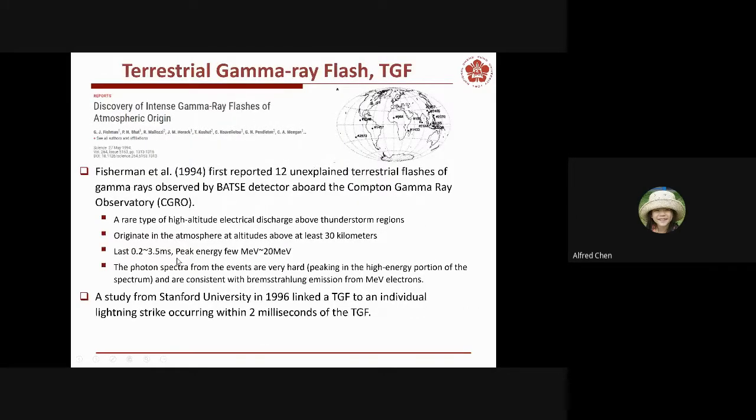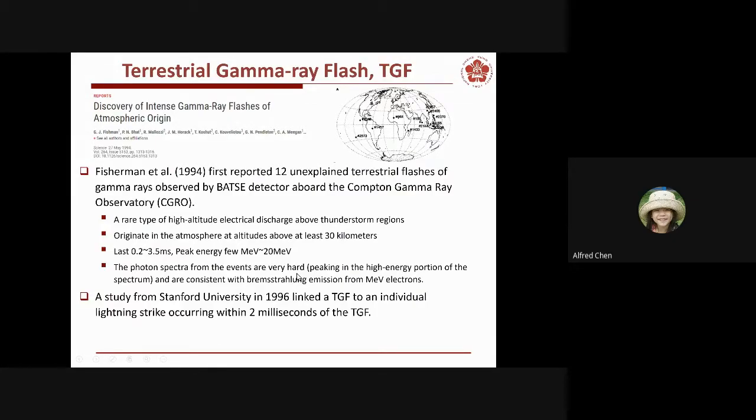And the peak energy is from a few MeV to 20 MeV. So the photon spectrums of these events are very, very hard. So it is indeed a gamma ray and consistent with bremsstrahlung emission from MeV electrons.